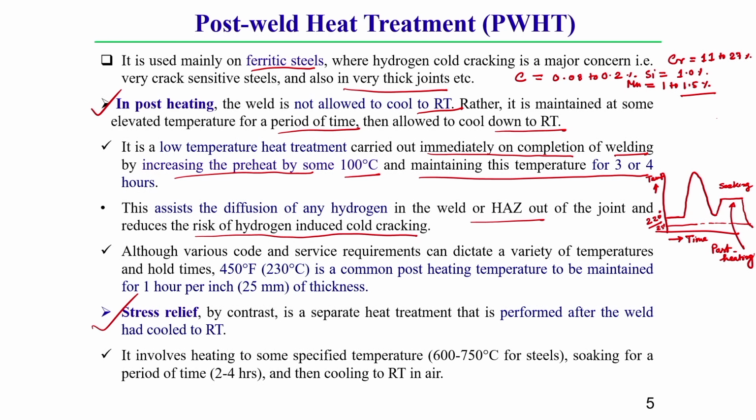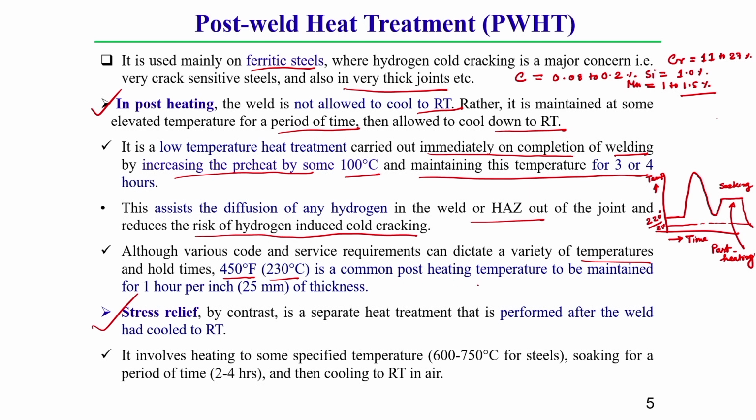Now, although various codes and service requirements can dictate a variety of temperatures, generally a common post weld heating temperature we consider is 230 degree centigrade. This is a common post heating temperature.